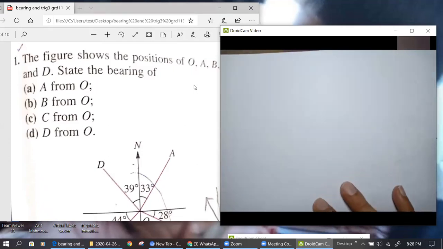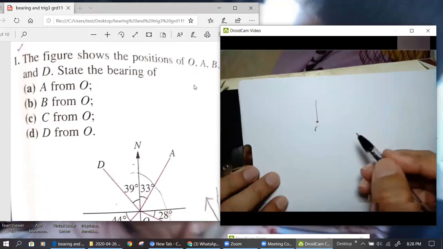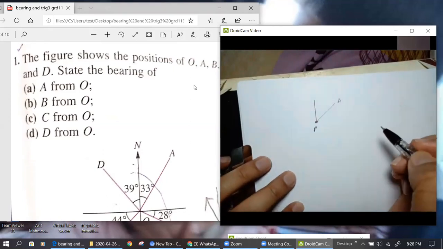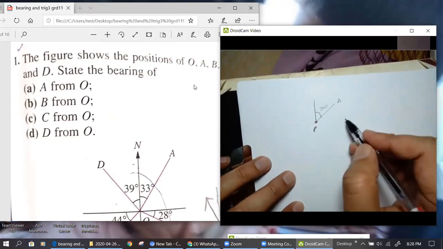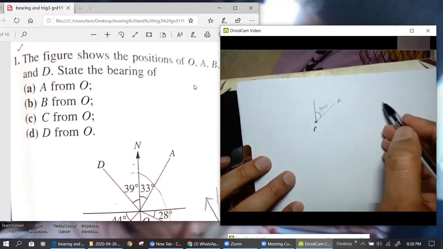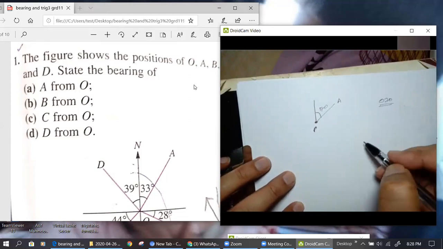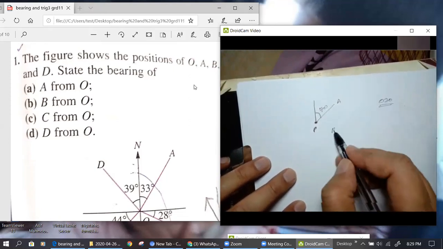Okay, so this is a pole. Normally they give P as a pole, and if I say this one is A, the bearing of A from P is this angle. Suppose this is 70. Wording is important. 70 means 070: bearings are written with three digits, so we add a 0.